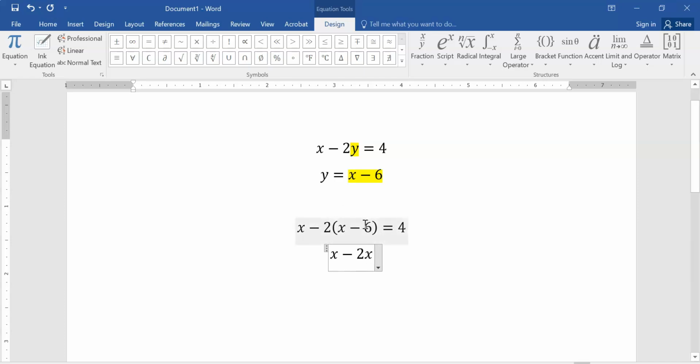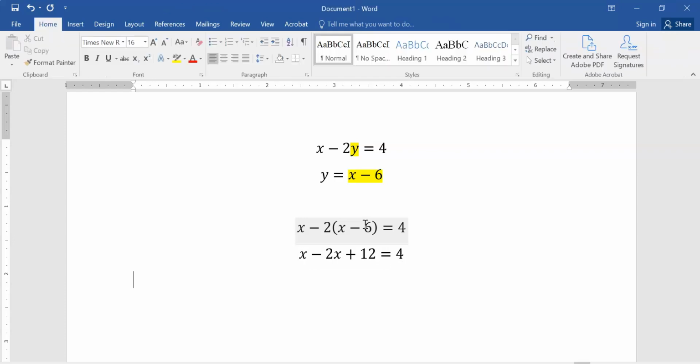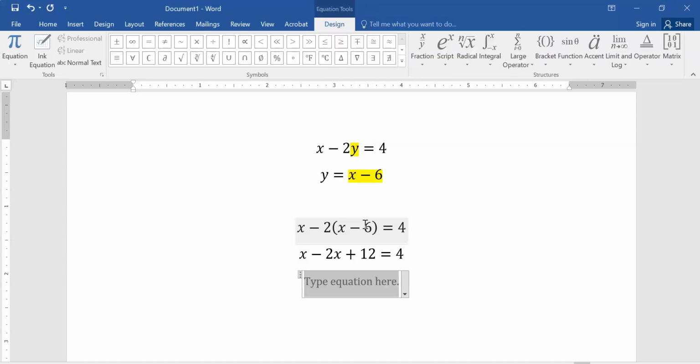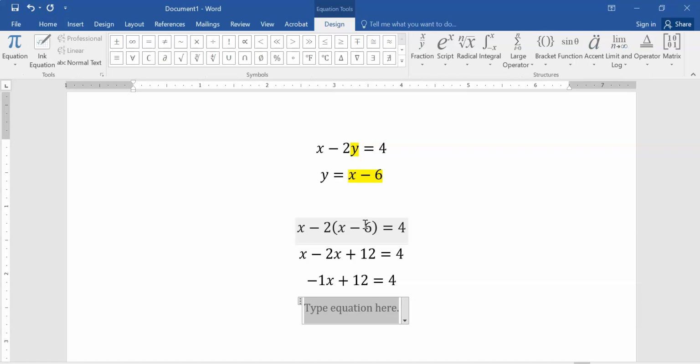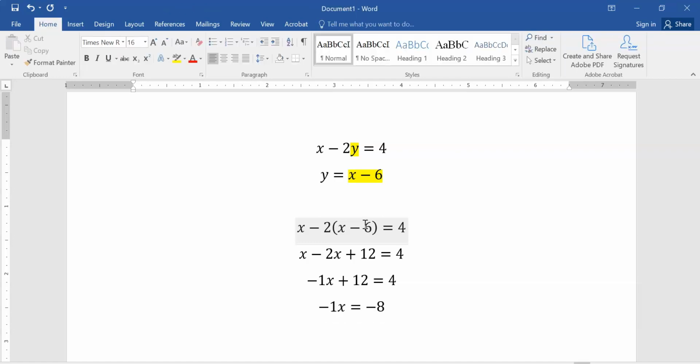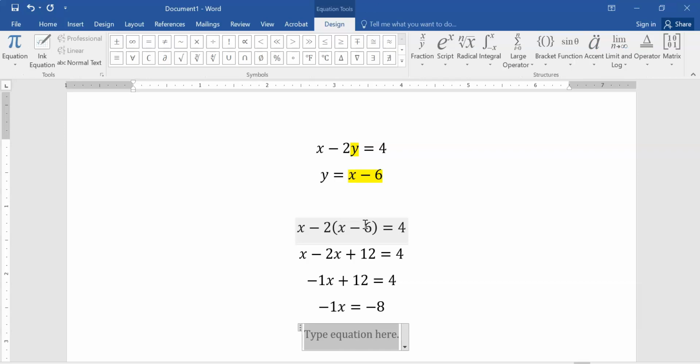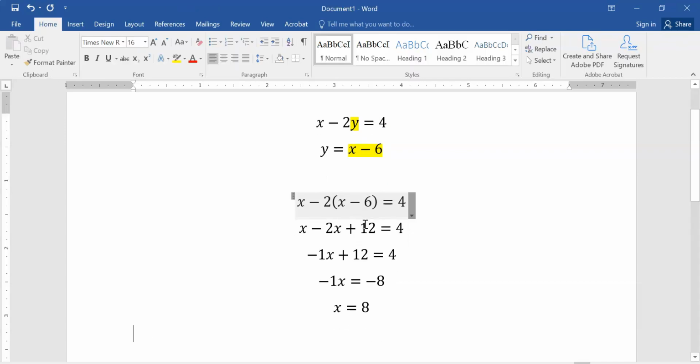Minus 2 times negative 6 is a positive 12 equals 4. Combine like terms, we get minus 1x plus 12 equals 4. Subtract 12 from both sides, you get minus 1x is equal to negative 8. Then divide both sides by negative 1, you get x equals 8.